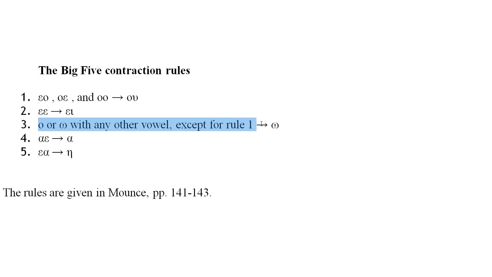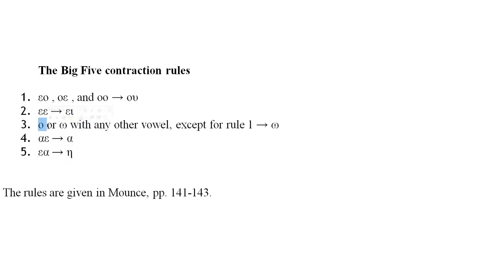This is a very common one. If we see an omicron or omega come up against any vowel except the ones noted here under Rule 1, we're going to end up with an omega. And then the last two, an alpha epsilon will turn into an alpha, and an epsilon alpha will turn into an eta. So what we're looking at is Rule 3 here.